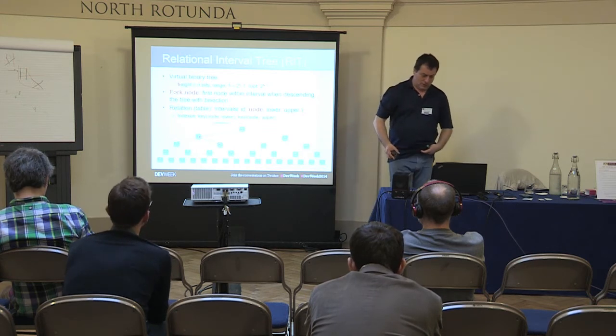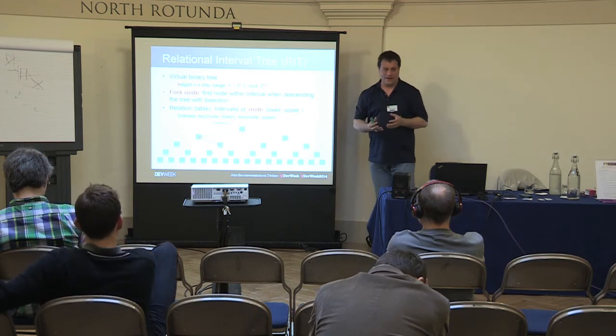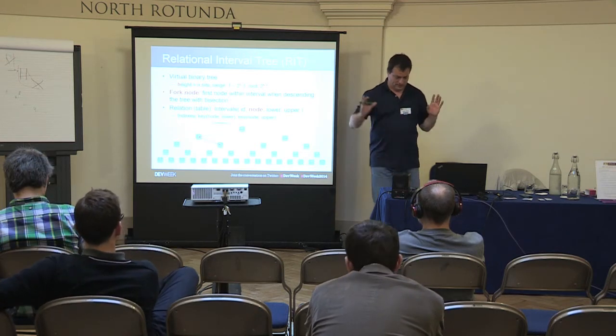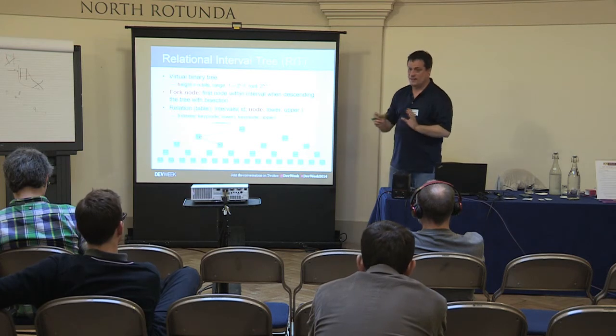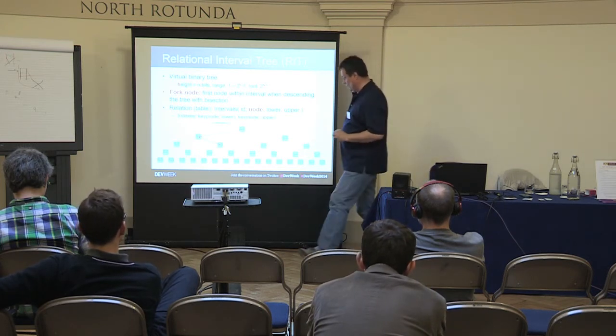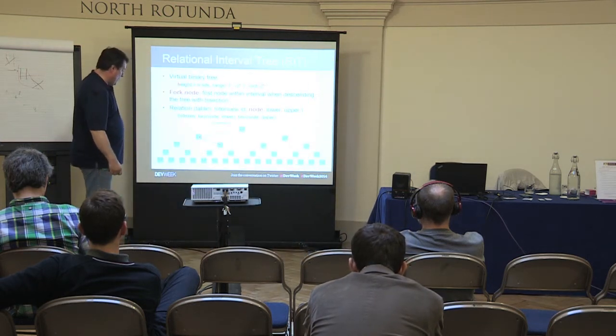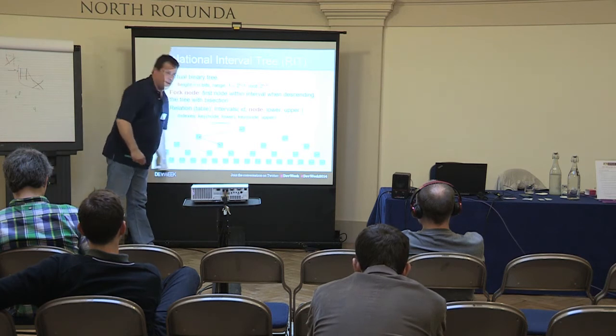Now, what is a relational interval tree about? It's a kind of virtual binary tree. Virtual. Now, this is stored as a single column in a database, I will show you. But this is the virtual binary tree. So I have an interval, for example, from 9 to 10.